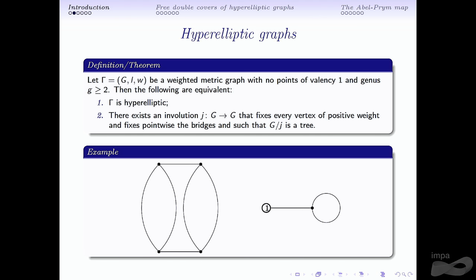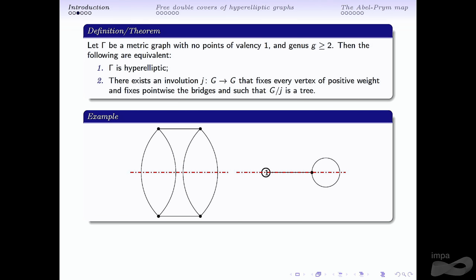These two are hyperelliptic, and the involution is the one that folds the graph in half. For instance, in the first picture, we have the tree. And in the second picture, you can see that the vertex of positive weight and also the bridge are fixed pointwise by this hyperelliptic involution.